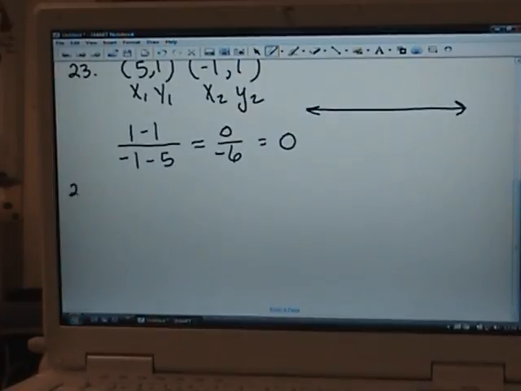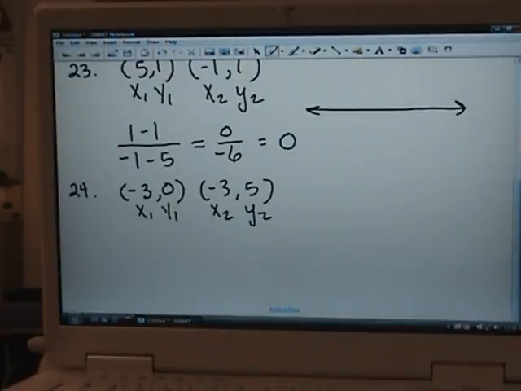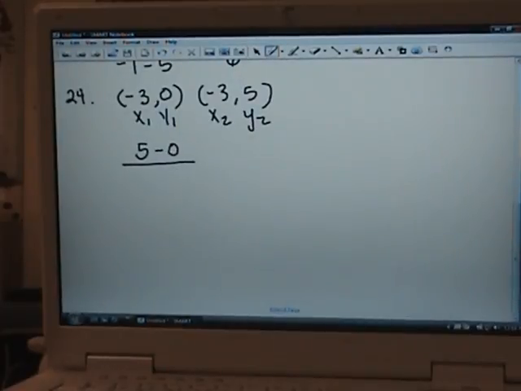Let's try number 24 together. (-3, 0) and (-3, 5): x1, y1, x2, y2. 5 minus 0 over -3 minus -3. 5 minus 0 is 5. -3 minus -3 is 0.